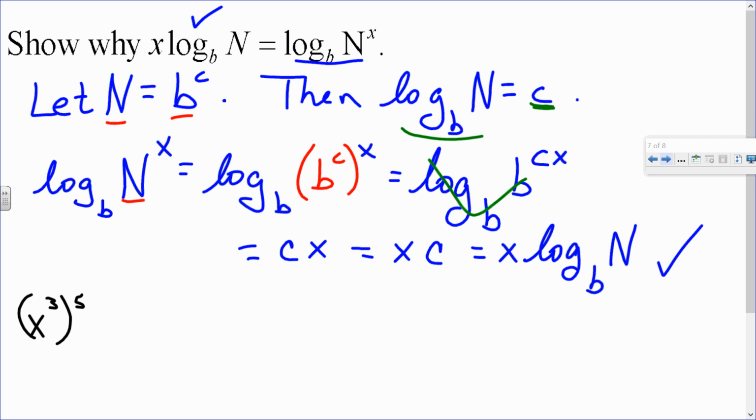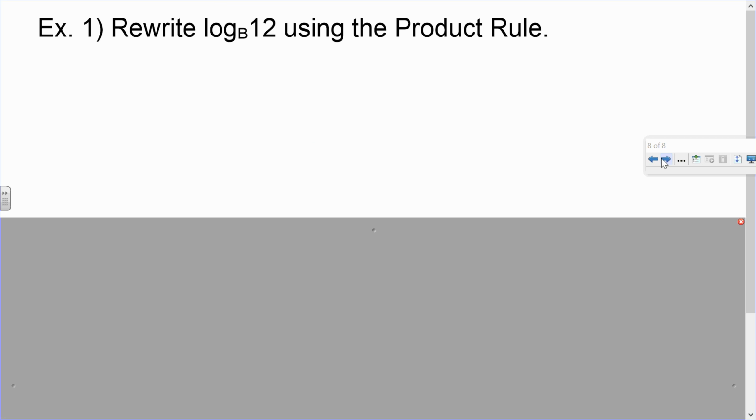Okay, last thing for today. You'll have a few homework problems that ask you to sometimes rewrite things using these rules. So if I wanted to rewrite log base b of 12 using the product rule, that means I need to think of two numbers that multiply to equal 12.